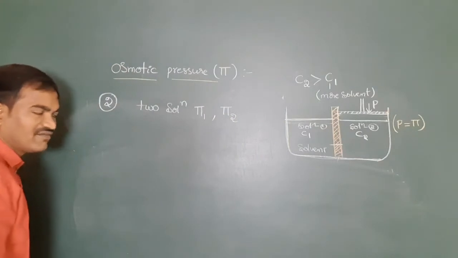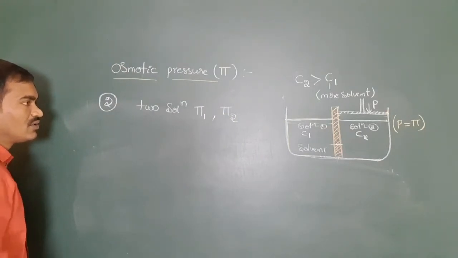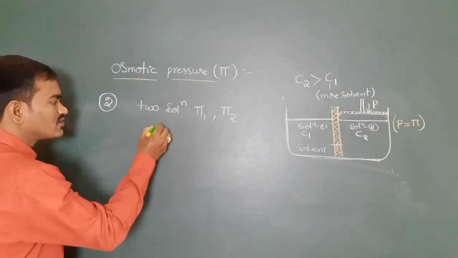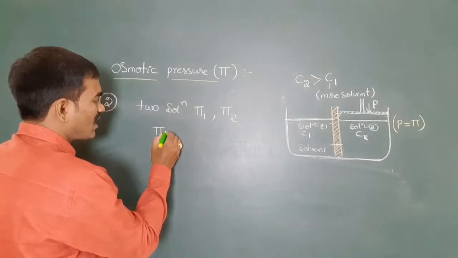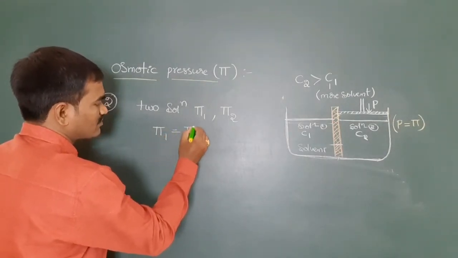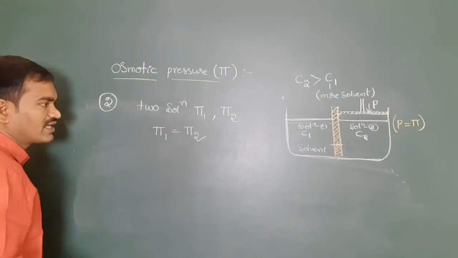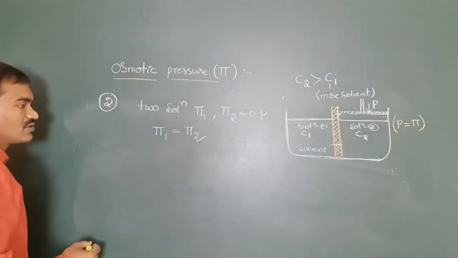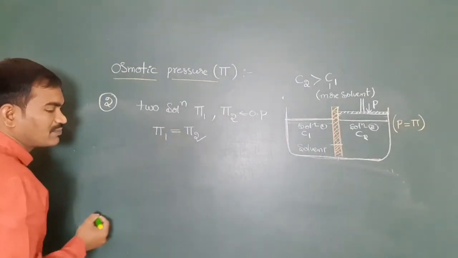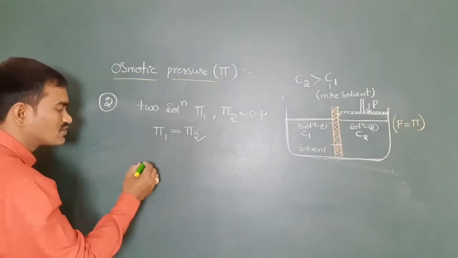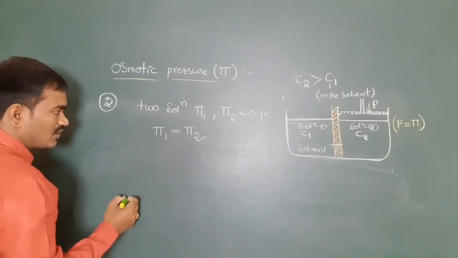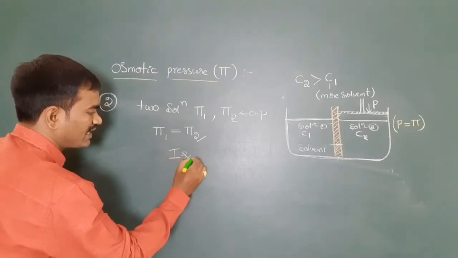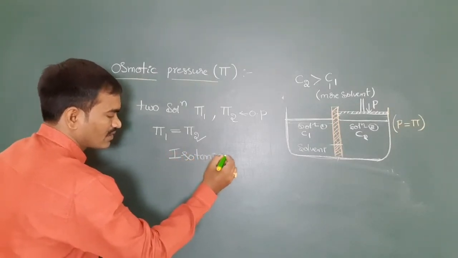If the osmotic pressures of the two solutions are equal, then whenever these two solutions have equal osmotic pressures, those solutions are called isotonic solutions.